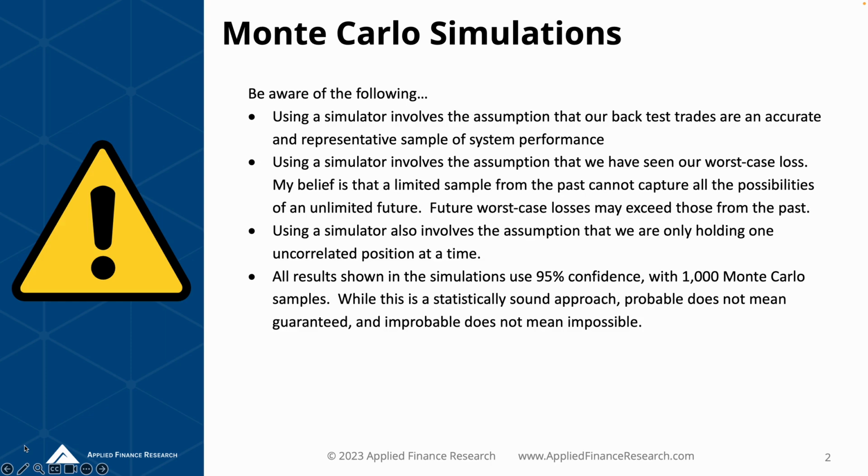And if we went from 1,000 runs to 500 runs or 2,000 runs, that would also change the results. And no matter what confidence intervals we use or no matter how many runs we do, improbable does not mean impossible. So Monte Carlo simulations give us some statistical probabilities, but not guarantees.